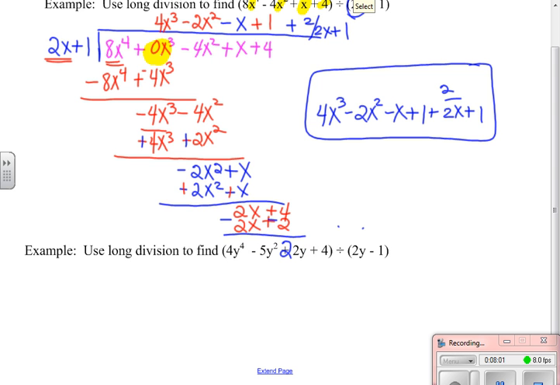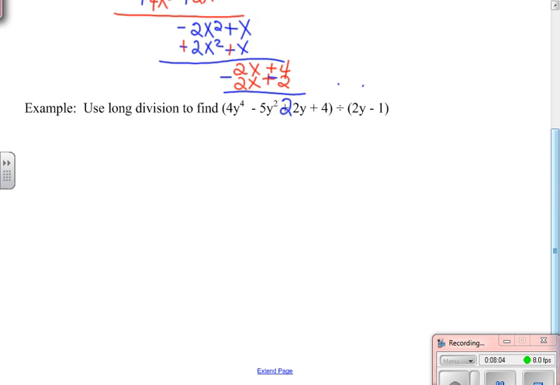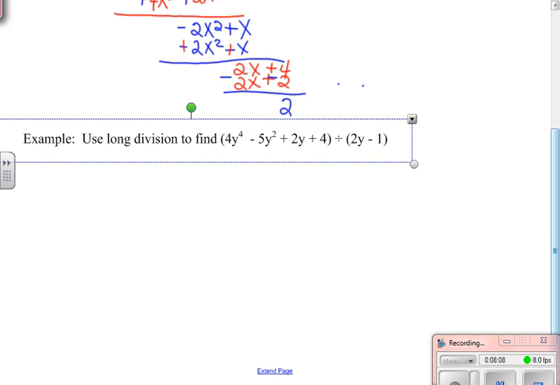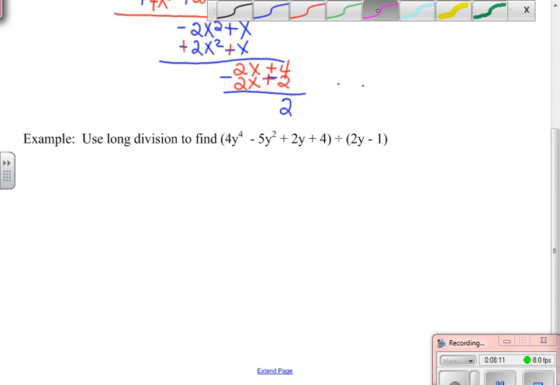So we have one more example here to run through. Another long division example. And we'll get going. So again, how many times does 2y minus 1 go into this long thing? Again, I check my terms. I have y to the fourth, y squared.